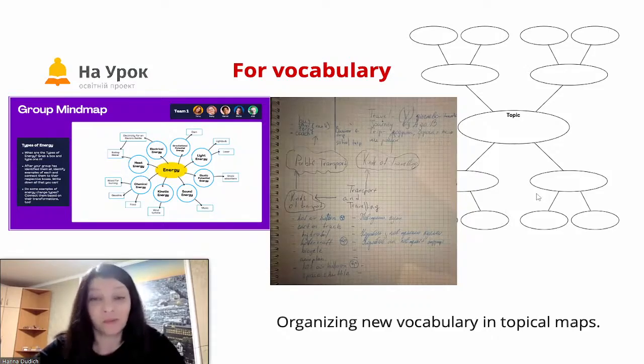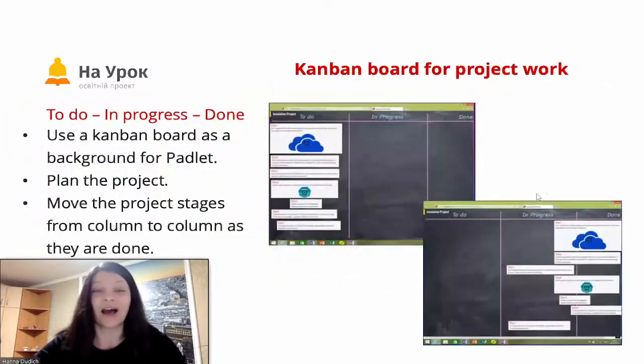So give them the words and the idea of this mind map, and ask them to organize the words in the way they like. And if they need translation of the words, of course they can put the translation there, and it's up to them to decide.